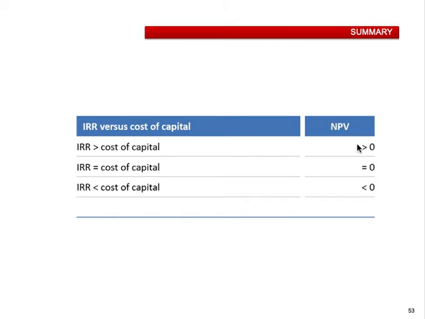When the NPV is larger than 0 and when the NPV equals 0, we need to make a decision to accept the project. If the NPV is smaller than 0, so it's negative, and that is when the IRR is actually smaller than the cost of capital because our return is not sufficient enough to pay the cost of capital, then we would have a negative NPV and we would need to decline the project.